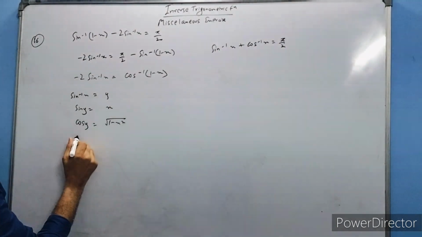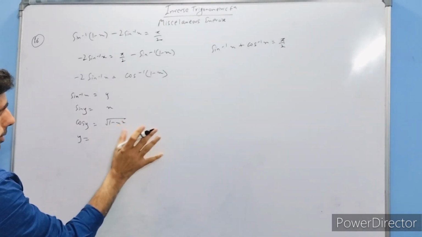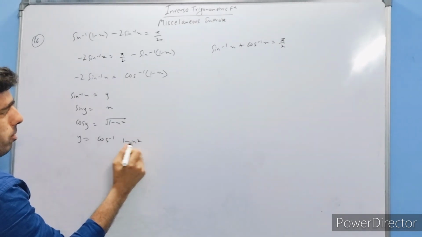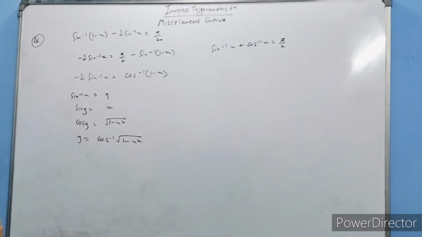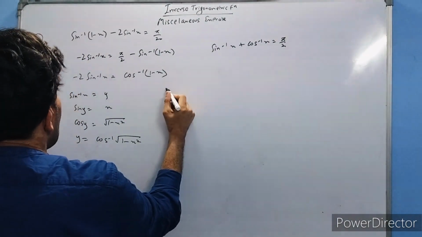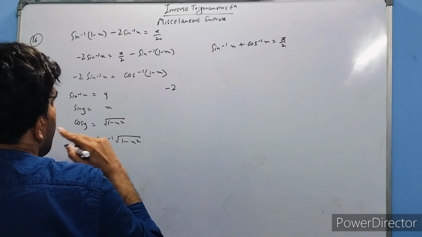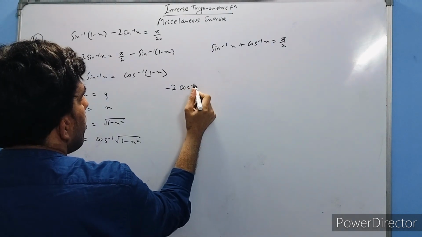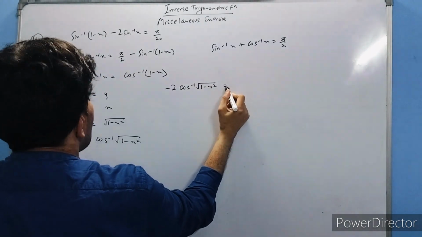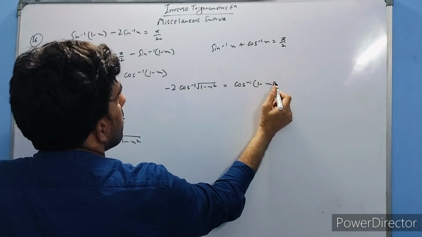So y is equal to cos inverse 1 minus x square. We'll put it here so that we get minus 2 cos inverse 1 minus x square is equal to cos inverse 1 minus x.